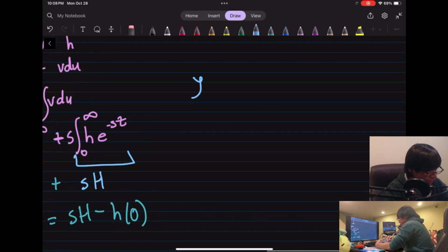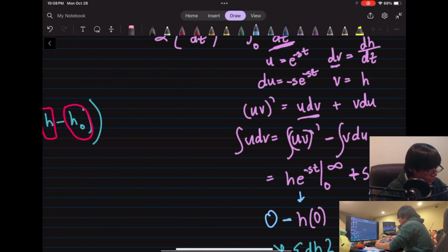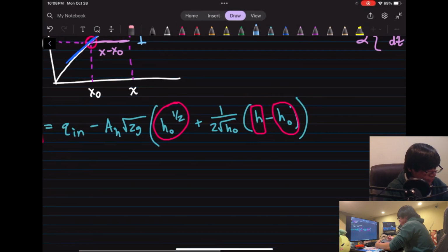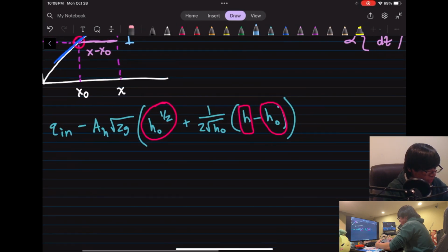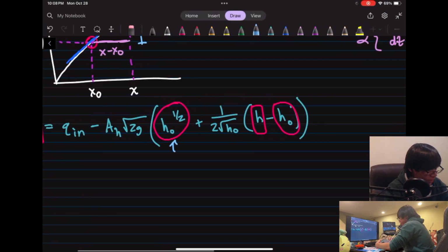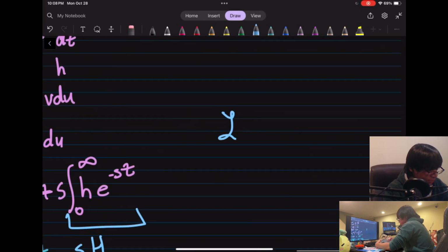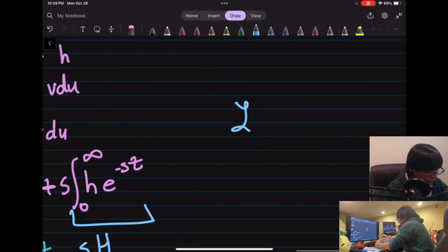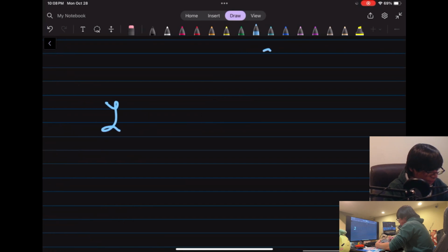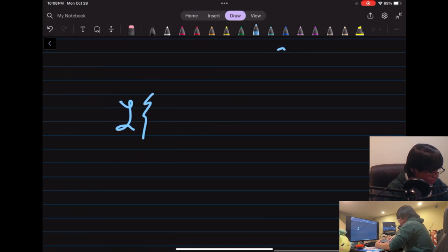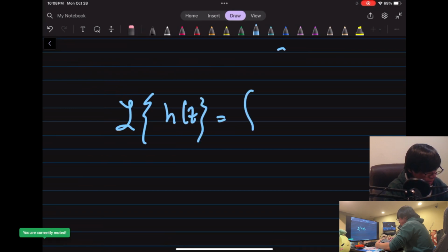Why not? So this should apply to, well, actually, it won't apply to these two. I'm sorry, these are the actual constants. H is still a function of time. I misspoke there. So if I can move along here. Okay. So we take the Laplace of h as a function of time. Same exact idea.